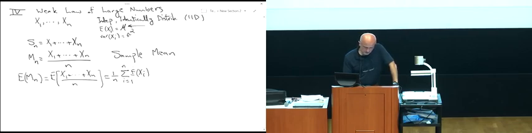This is from 1 to n, but they all have the same mean. So how many mu's am I adding? N mu's I'm adding, and I'm dividing by n. So notice the expected value of Mn is mu.